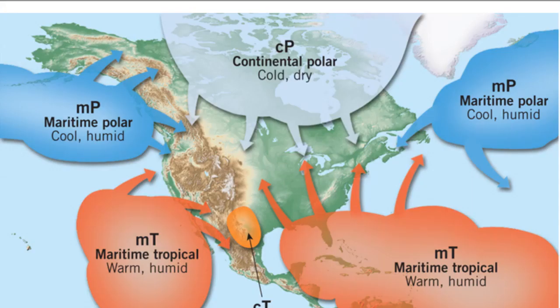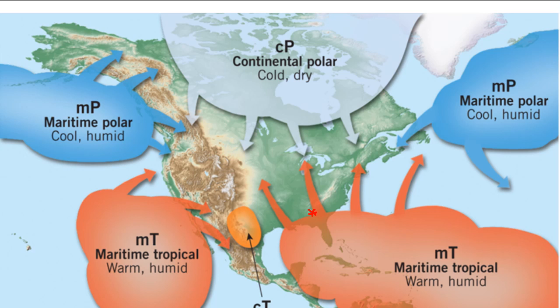Now, when all those air masses meet, that's what creates our different kinds of weather. So in this picture here, what we see are many different kinds of air masses. So here we are, if I had to guess, right about here is where we are, okay? So what that means is this big red blob, don't worry about maritime tropical.